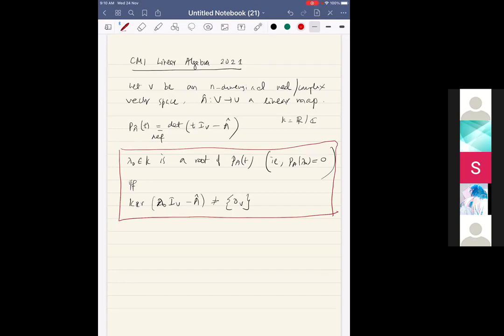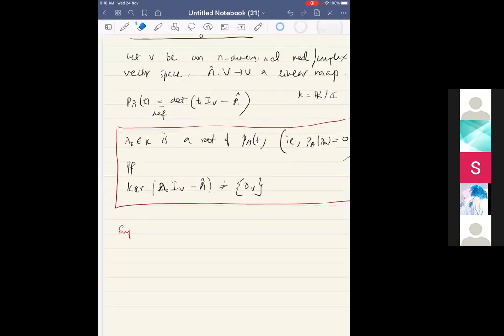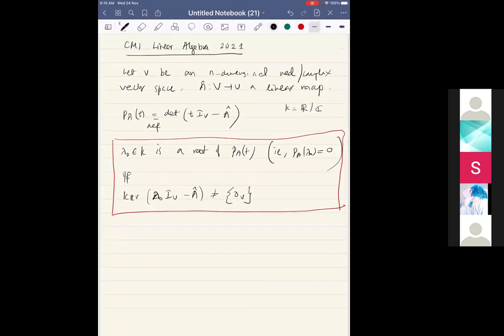So in other words, think of it like this. So this is the space. Suppose K is R to be concrete.